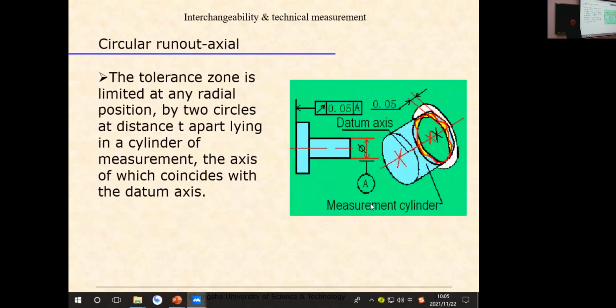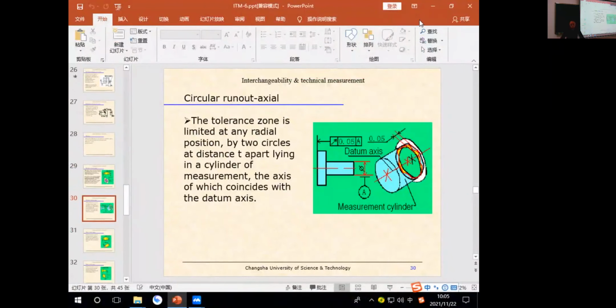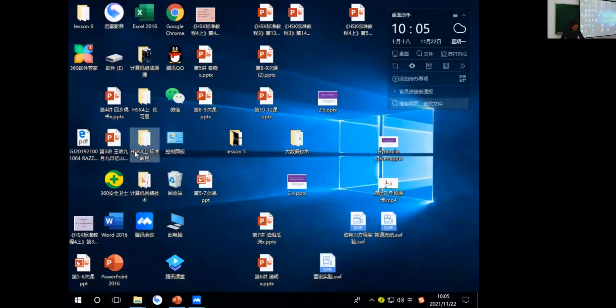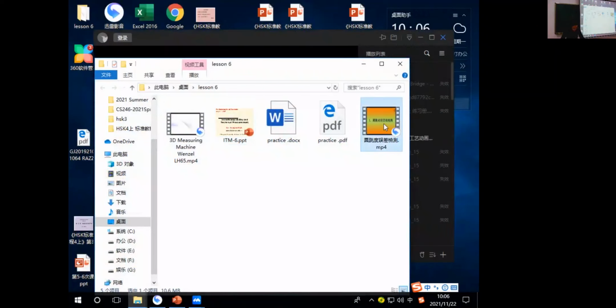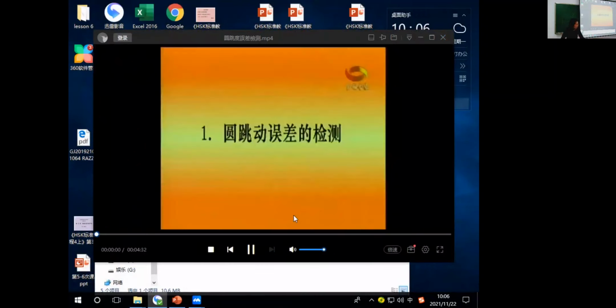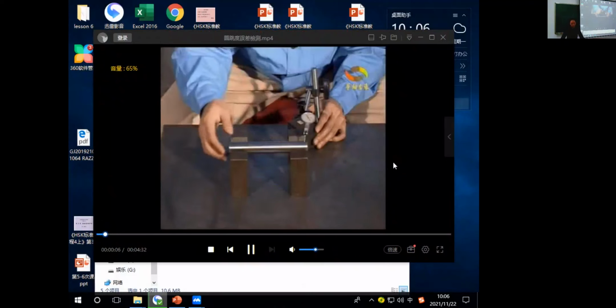I want to see how to measure the runout. This is a video, and we also do the experiment. This is the Chinese, just to see the picture.